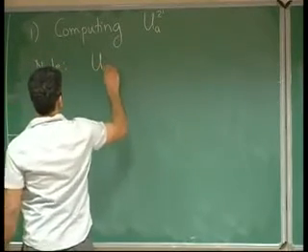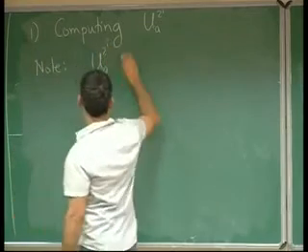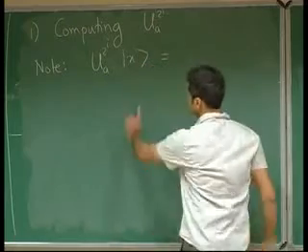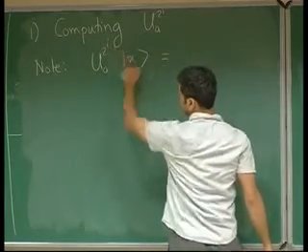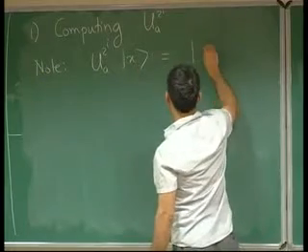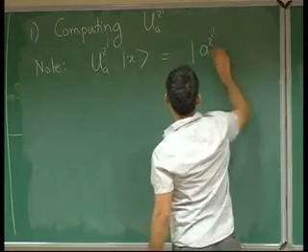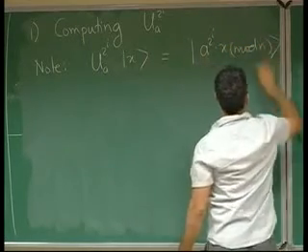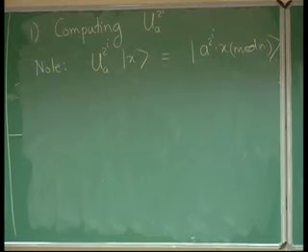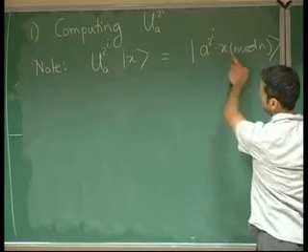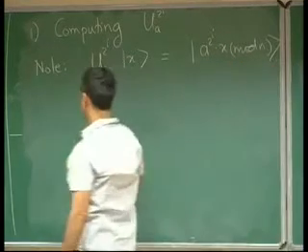U sub A applied 2 to the i times to a number x actually gives us a multiplied 2 to the i times to x, right? So this is simply a raised to 2 to the i times x modulo n. Now we need to figure out an efficient way to multiply a to the 2 to the i with x.